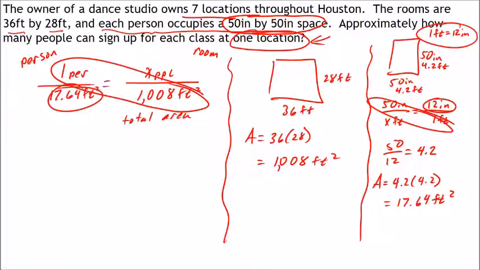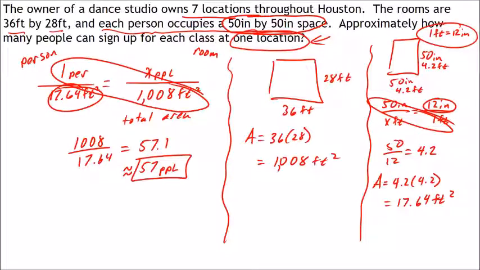So 1 times 1,008 is just 1,008, but I can come back and divide that by 17.64, and we will get the number of people that we have in the room. If you calculate it out, it's 57.1, but of course we're talking about people, and so we have to round it, so that's approximately 57 people. So approximately 57 people will fit in one of those rooms at one of the locations.